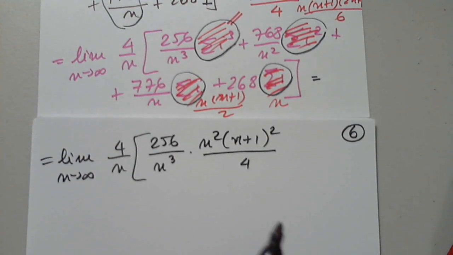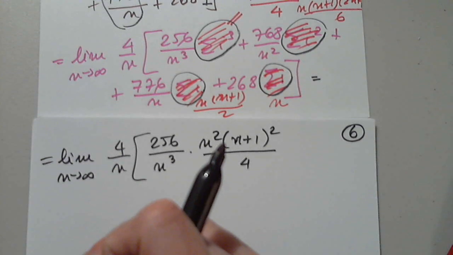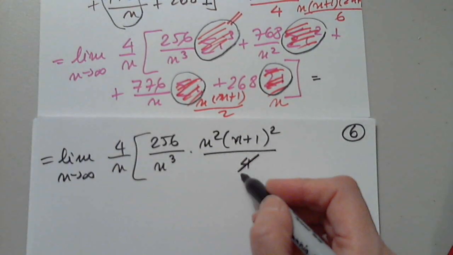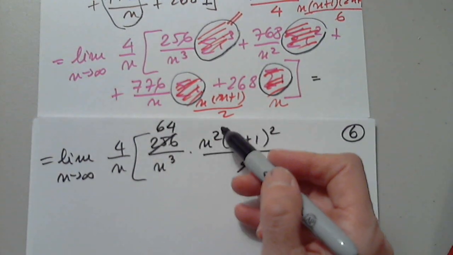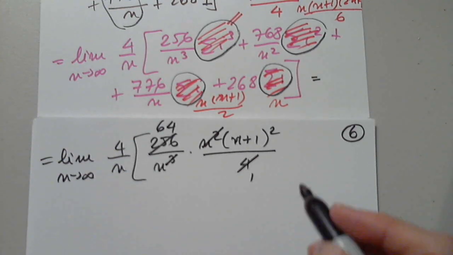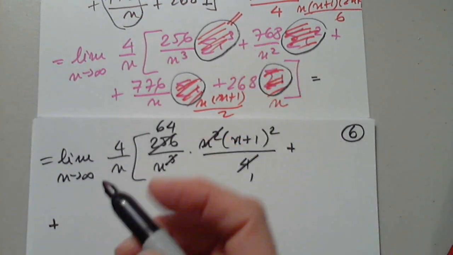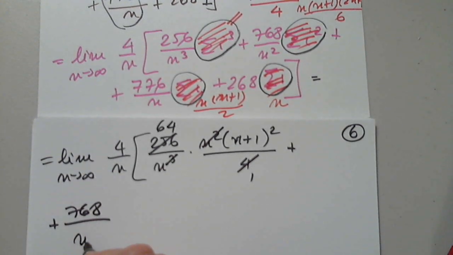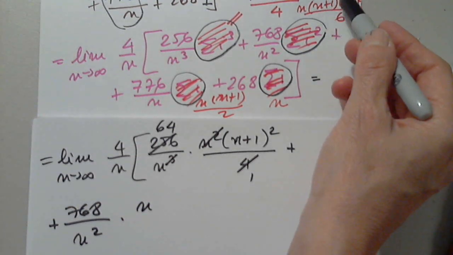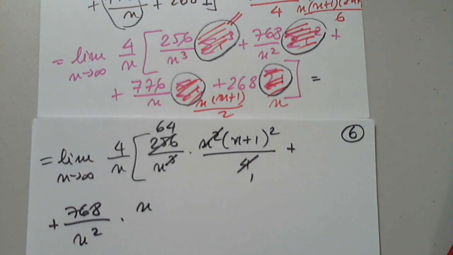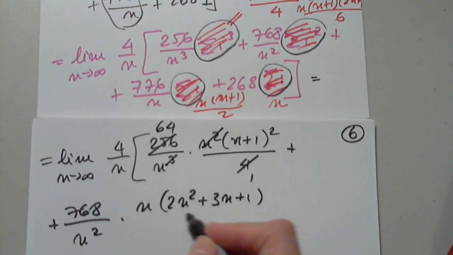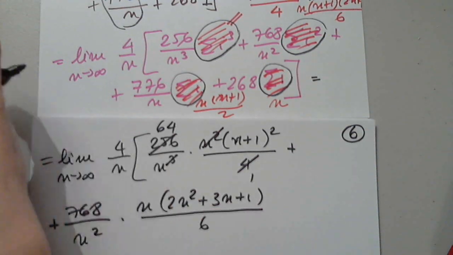I will divide and simplify as much as I can. 256 divided by 4 is 64, right? Yes, of course. So that's 64. And then I cross out 2 of these, and 1 is still left in there. Plus 768 divided by n squared times n. Remember, I have to multiply these two. So I have 2n squared plus 3n plus 1.